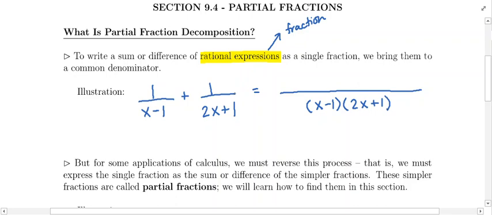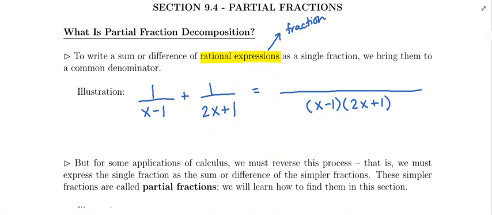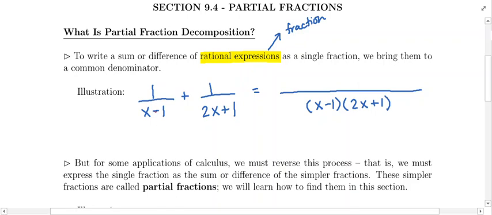If I look at the first term, 1 over x minus 1, it doesn't have the correct denominator. It has the x minus 1 piece, but not the 2x plus 1 piece. So to get the correct denominator, we'd have to multiply the bottom by 2x plus 1.